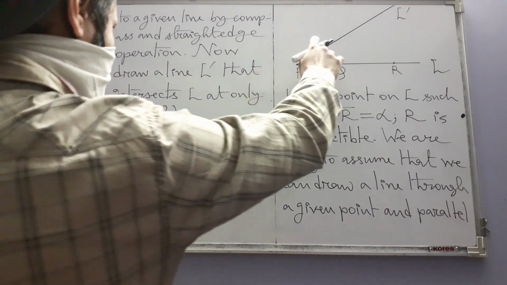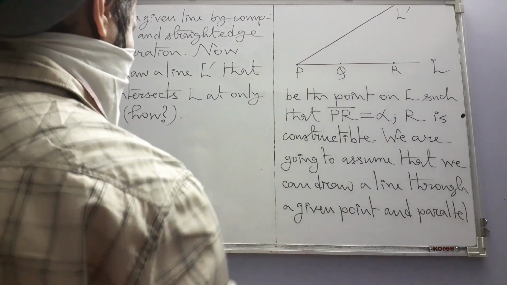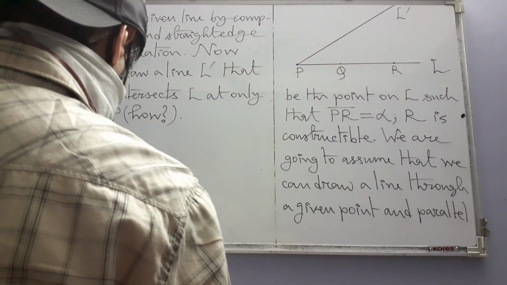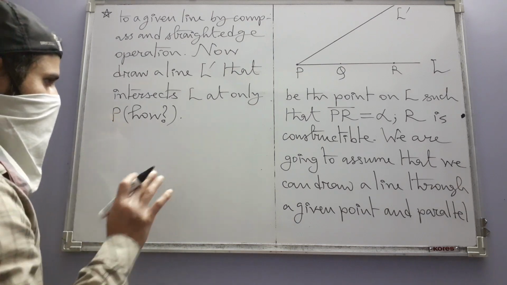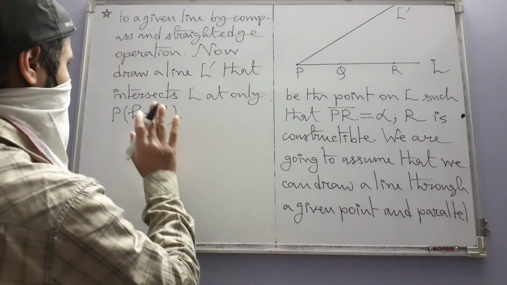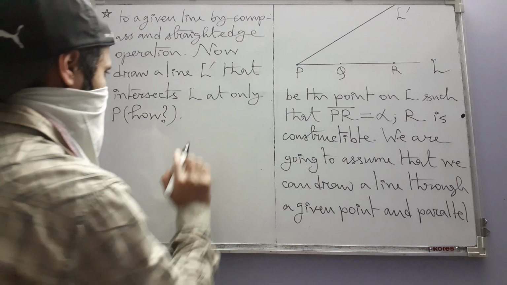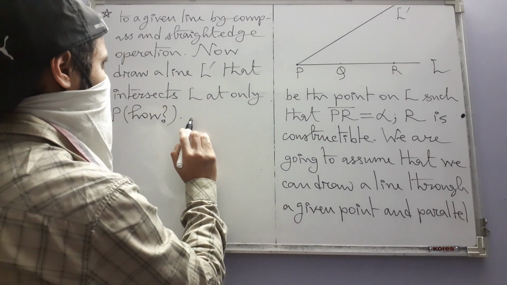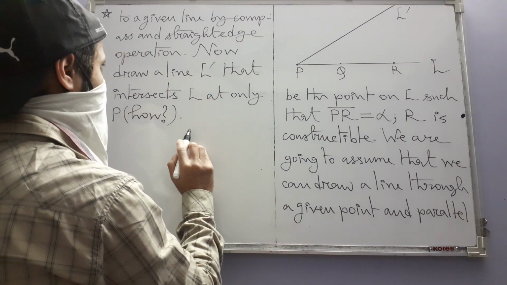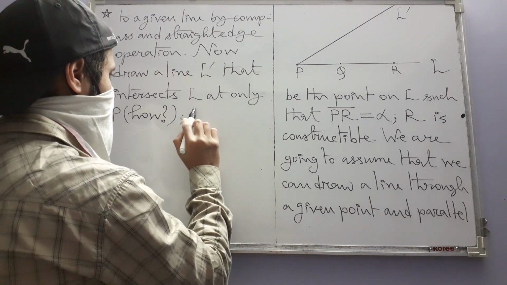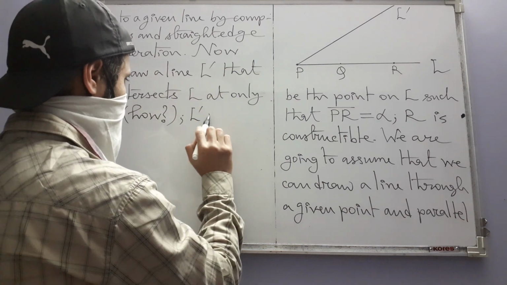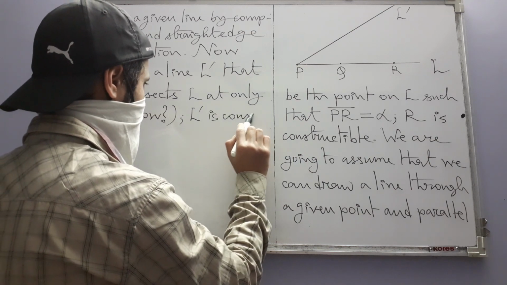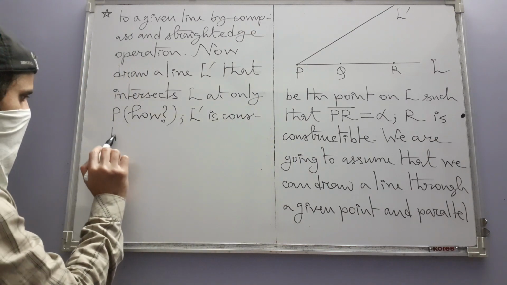And this one, there we are going to have another point here. That thing I think I have called R or T. We will see. I just should not make any mistake. Okay. Then L prime, because it can be drawn, that means L prime is constructible.